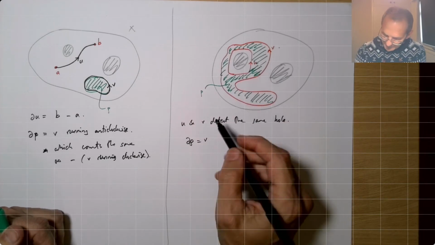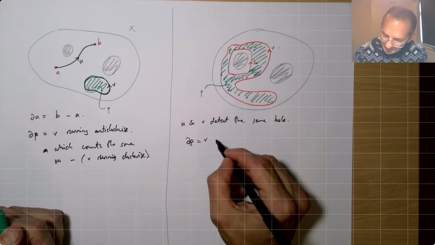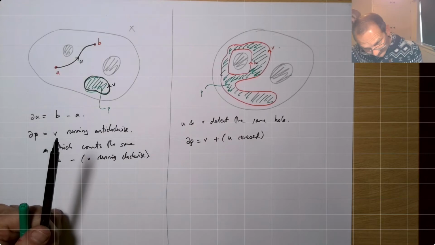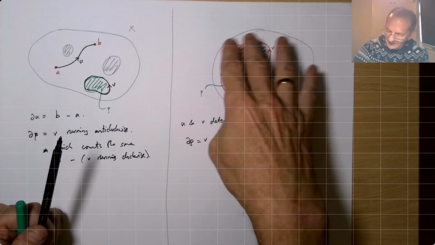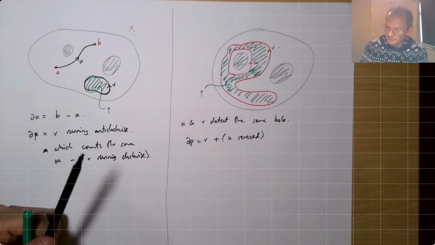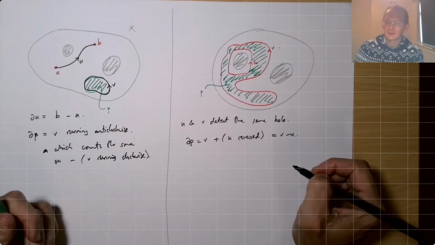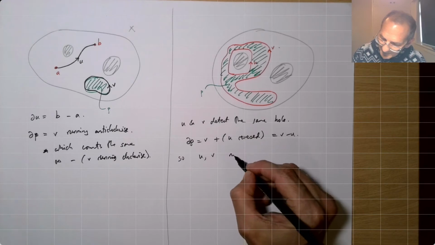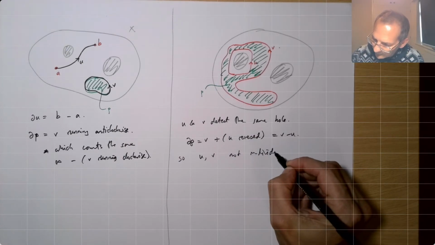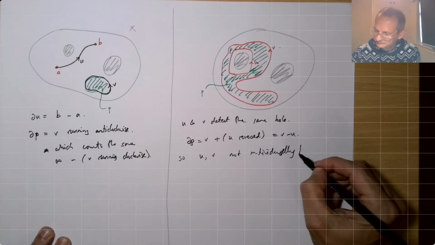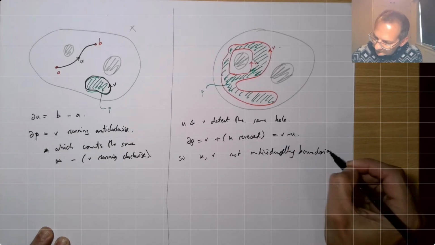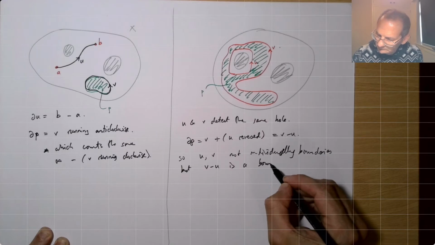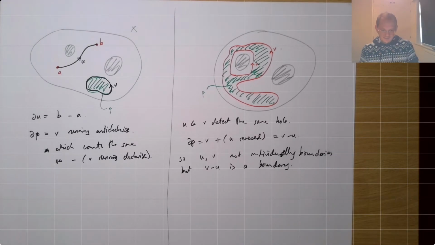So if we keep walking around with the region on our left, the boundary is V in the usual anti-clockwise direction, and U reversed, which counts as V minus U. So U and V are not individually boundaries, but V minus U is a boundary. And so in that sense, U and V are equivalent.